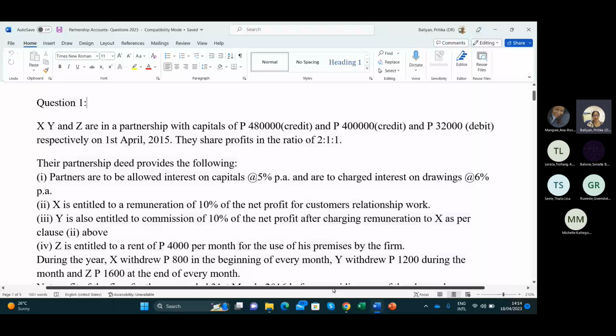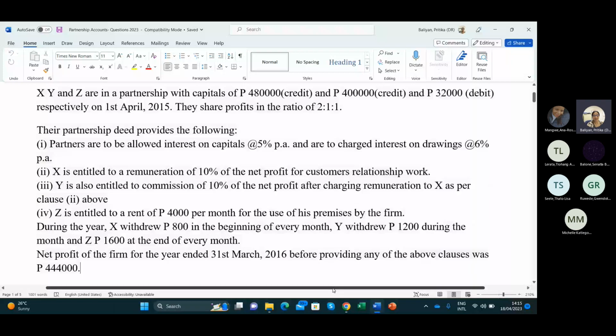During the year, X withdrew 800 at the beginning of the month, Y withdrew 1,200 during the month, and Z withdrew 1,600 pula at the end of the month. The net profit for the firm for the year, which ended on 31st March 2016, before providing any of the above clauses, was 444,000 pula.